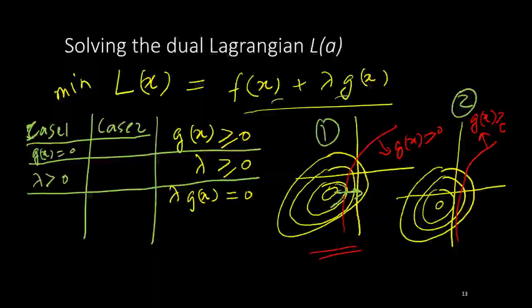It is going to be greater than 0. But because g(x) is 0, when we multiply the two, we get lambda times g(x) equal to 0.